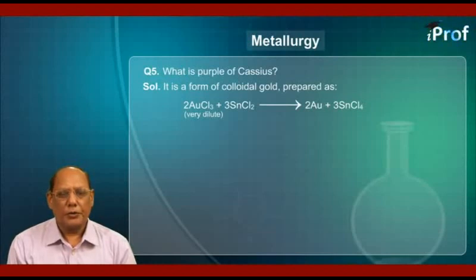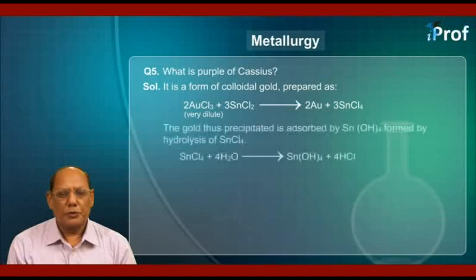They react together to give 2Au + 3SnCl4. The gold thus precipitated is adsorbed by Sn(OH)4, which is formed by hydrolysis of SnCl4, that is SnCl4 + 4H2O to give Sn(OH)4 + 4HCl.